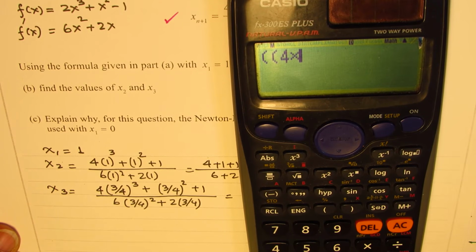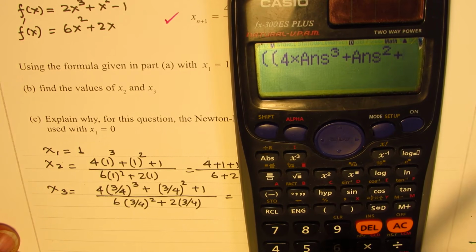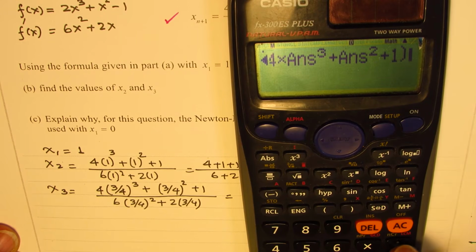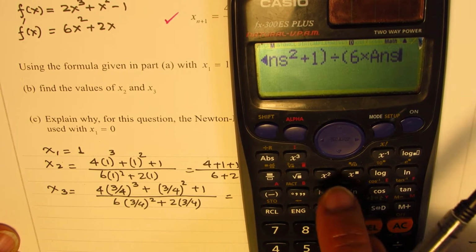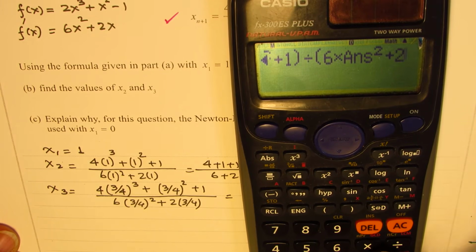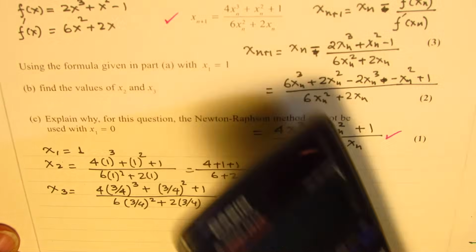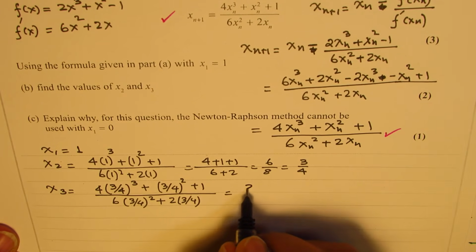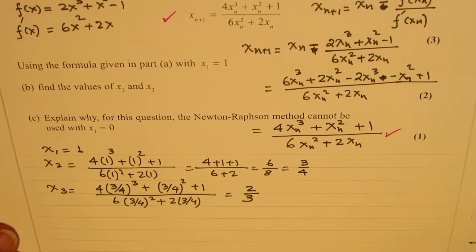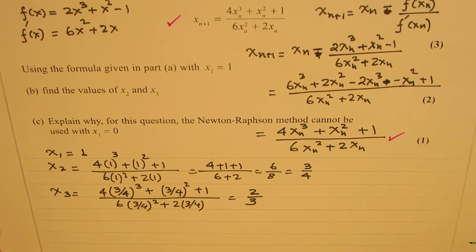So we have 4 times answer cube plus answer square plus 1, bracket close, divided by the denominator, which is 6 times answer square plus 2 times answer, brackets close, and that gives you 2 over 3. Clear? So this technique is very good to calculate. I hope if you use your scientific calculator wisely, you can actually figure out the answers very fast.